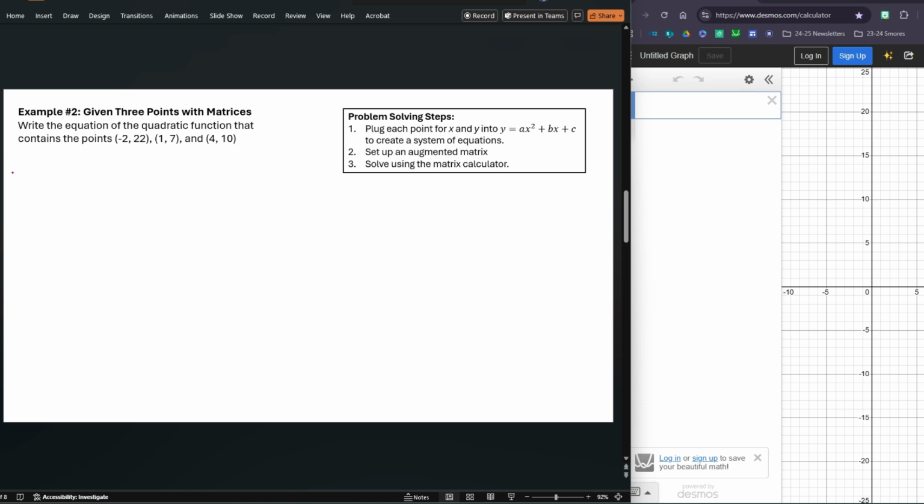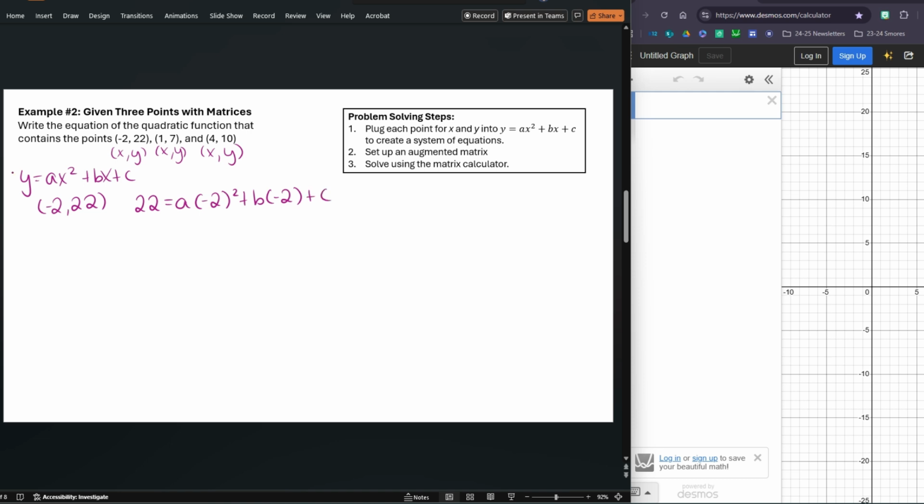What you do is realize that every point represents an x, y pair, right? All of these are x, y points. So I take standard form, which remember is y equals ax squared plus bx plus c, and I'm going to make an equation based on each point. Like my first point, (-2, 22), I get the equation 22 equals a times (-2) squared plus b times -2 plus c.